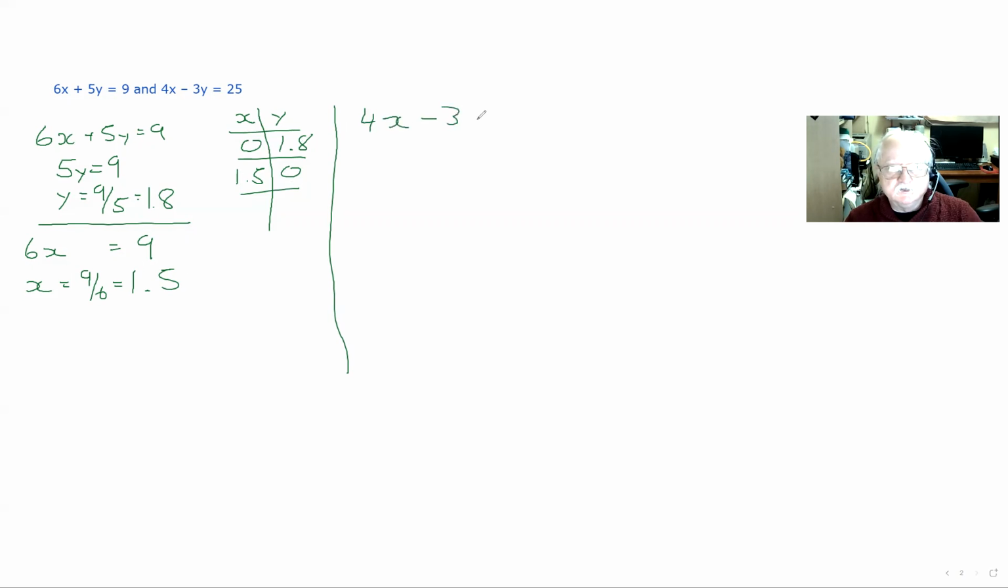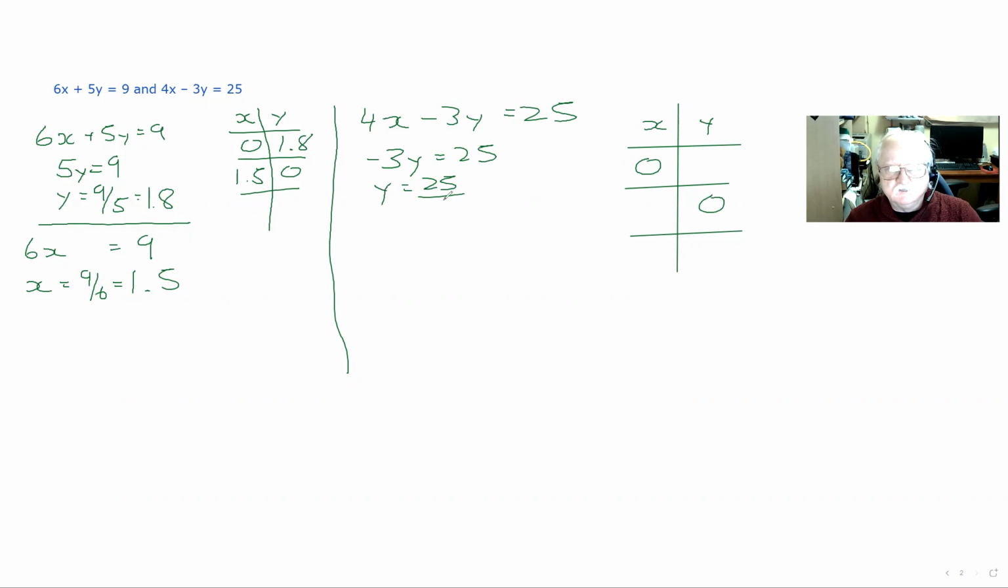Let's take a look at the other equation. 4x take away 3y equals 25. Again, we're going to go x, y, 0, 0. And when we plug 0 in for x, all we're left with is -3y equals 25. So y equals 25 over -3.